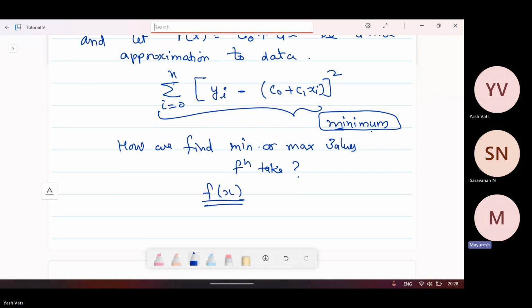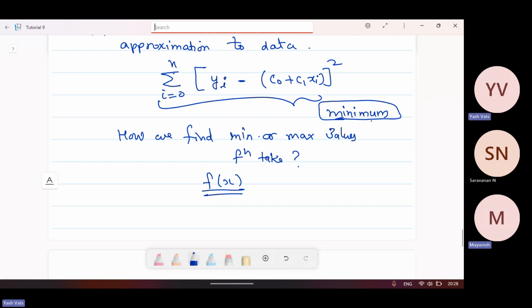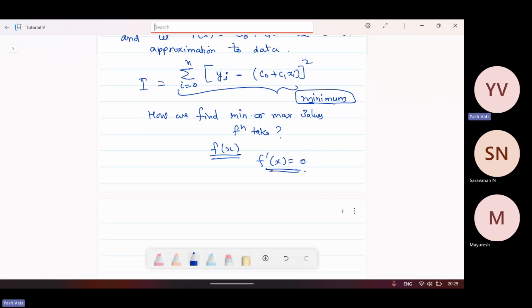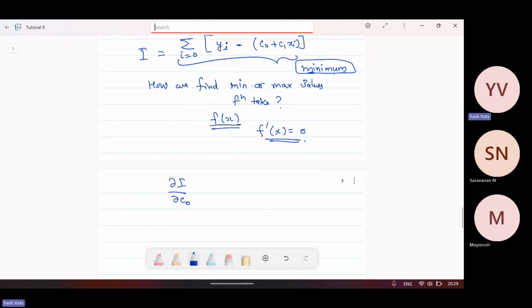We take the first derivative and set it to 0. So here, call the error I. To find the minimum, you take the first derivative, del I by del c0 and del I by del c1, and set them to 0.